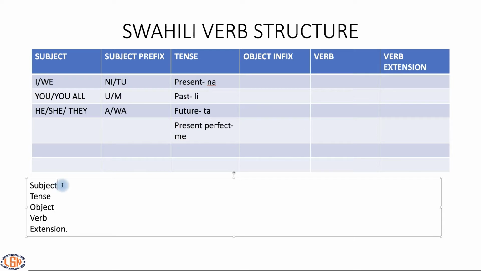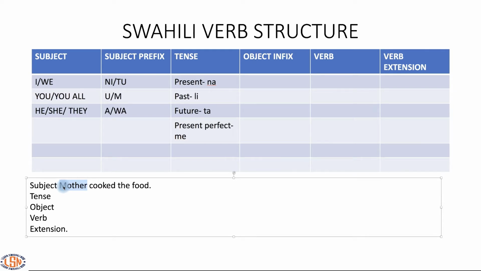So what is a subject? A subject is the actor in the sentence. So in a sentence like mother cooked the food, do you know who the subject is? If you guessed mother, you are correct. She is the one that did the action.